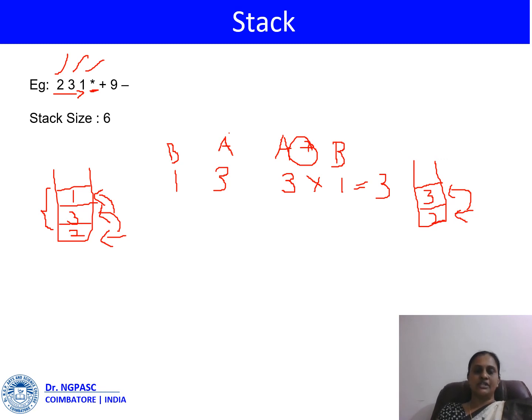After multiplication, I have another operator. If it is an operator, we do the pop operation; the top two values should be popped out. Here the two values are 3 and 2. Now the operation between 3 and 2 is the plus operation, the addition, and the result will be 5.